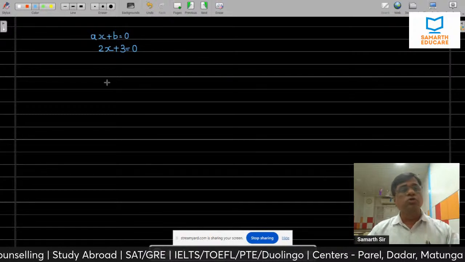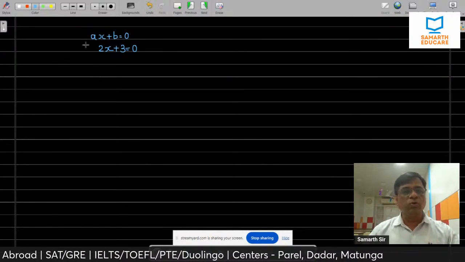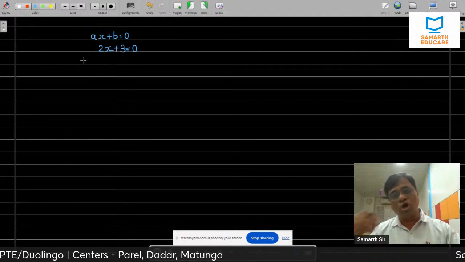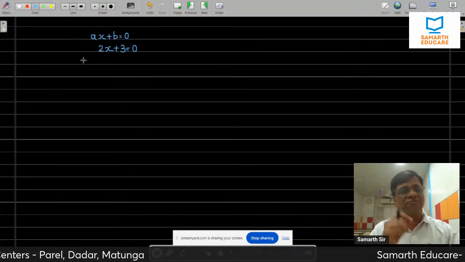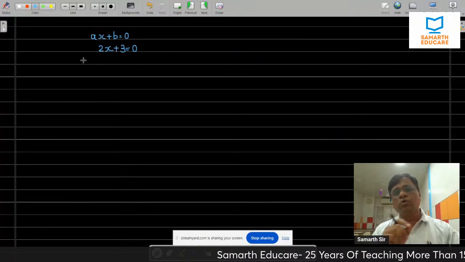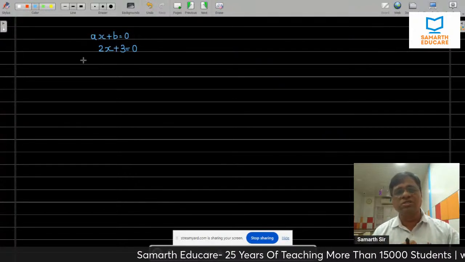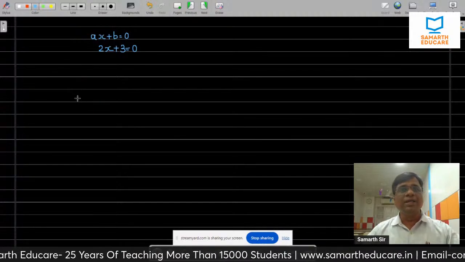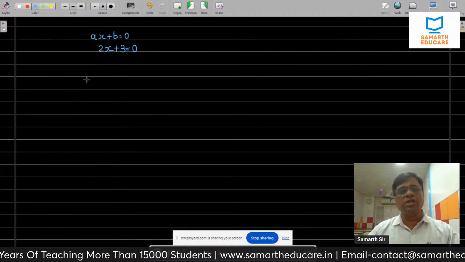Somebody asks me to solve this equation. When they ask to solve, it means to find the value of x. Remember that whenever the question is to solve the equation, it means find the value of x, or in other words, find the value of whatever the variable is.